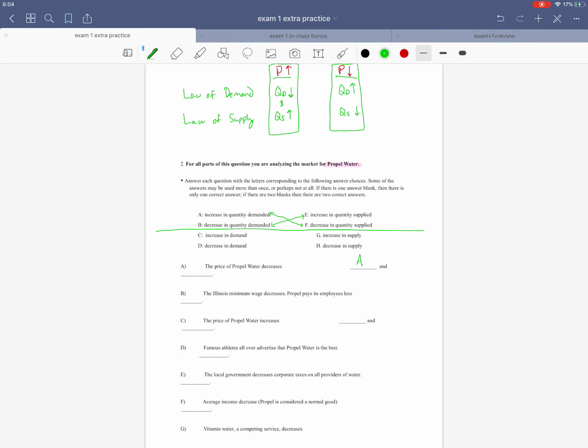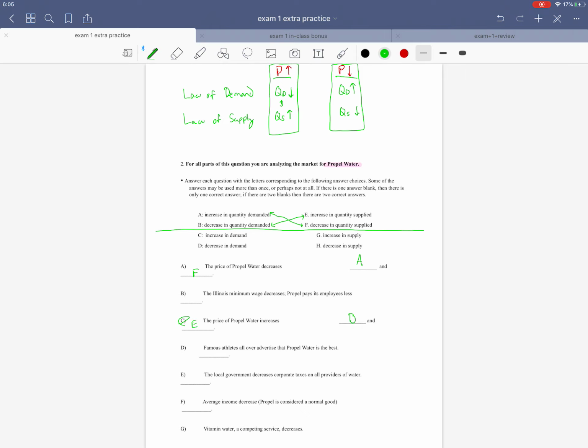So that's A. And quantity supplied is going to go down. That's F. So we saw where the price of Propel water is going down. So let's find the other scenario, which is right here with C. The price of Propel water increases. So as price goes up for Propel, we're going to see that quantity demanded is going to go down and quantity supplied is going to go up.